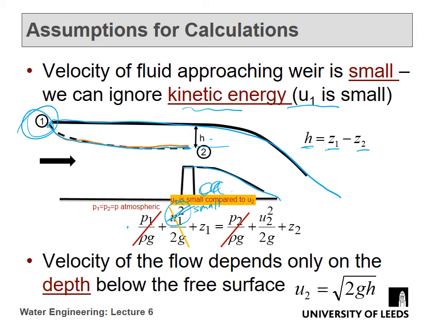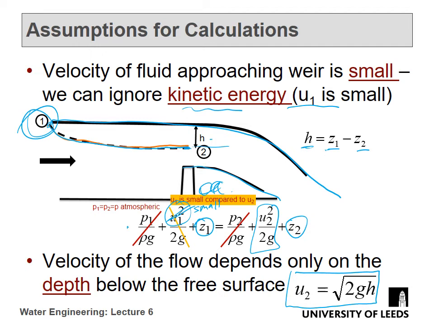So what have we got now? We've got z1 and z2. We know that z1 minus z2 is h, and we've got a u squared over 2g, something very similar to what we got for the flow out of an orifice. So the velocity at some depth over the weir, u2, is equal to root 2gh. So that's not the flow, that's the velocity.